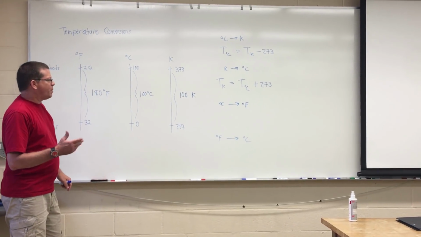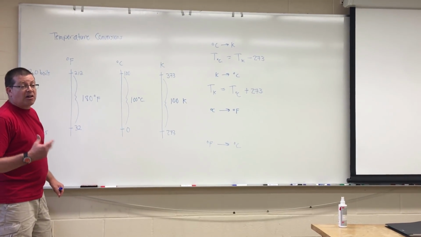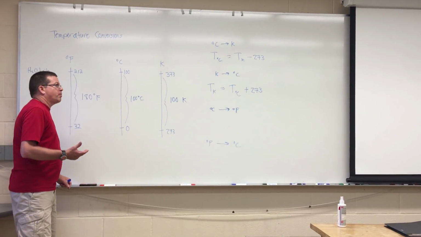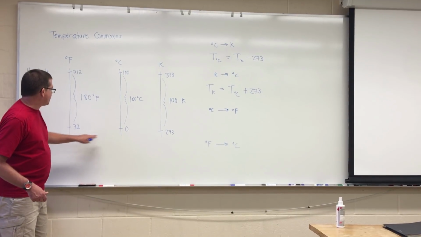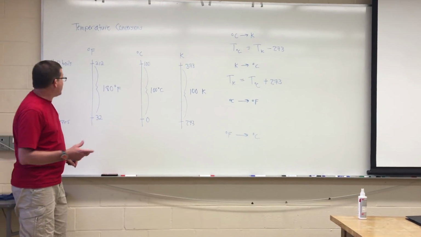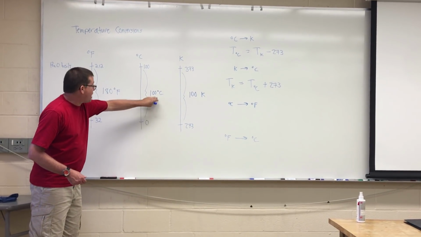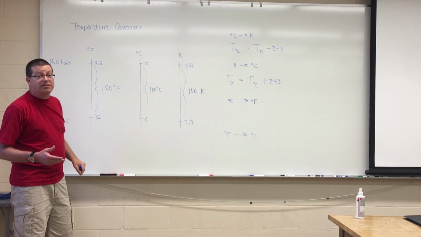Now, what if I want to go back and forth between degrees Celsius and degrees Fahrenheit? Now I have two things that I have to account for. I have to account for the fact that there's a difference in 0 point between the two, but I also have to account for the fact that a Fahrenheit degree is not the same magnitude as a Celsius degree.